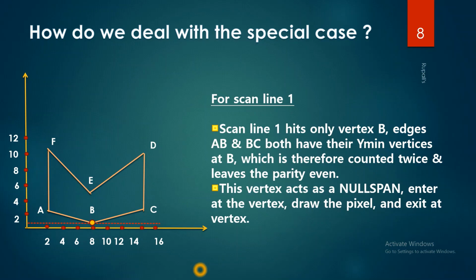This is the special vertex. This vertex acts as a null span: enter at the vertex, draw the pixel and exit at this vertex. So you have to enter the vertex, draw the pixel and exit from the vertex. This is the special case. This vertex is called a null span.